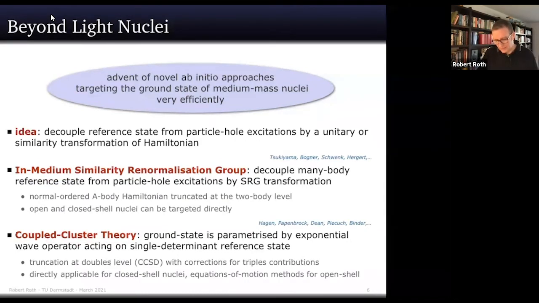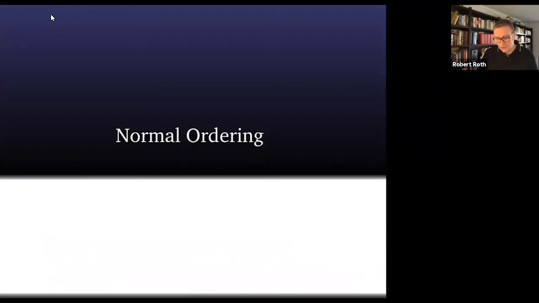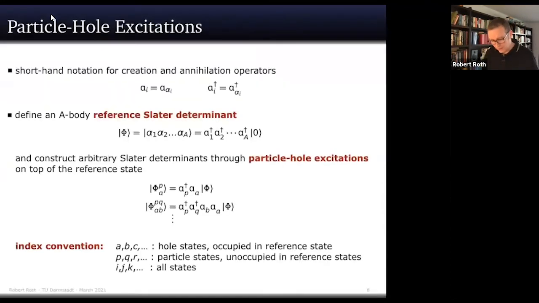And these methods need a little bit of an extra piece of formal underpinning and language. This is the normal ordering of operators that was mentioned a couple of times already. I want to briefly discuss the basic many-body quantum mechanics behind that before I discuss these two methods with you. You might have heard all of this in some advanced quantum lecture.